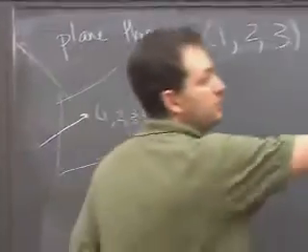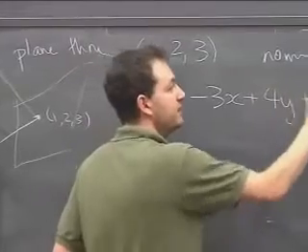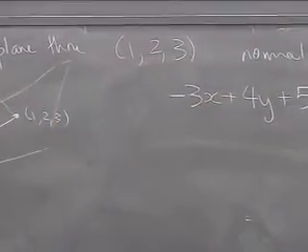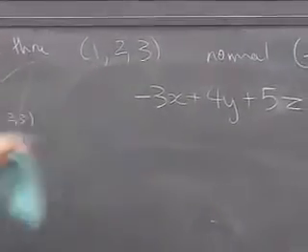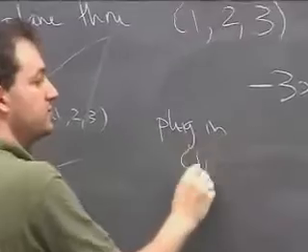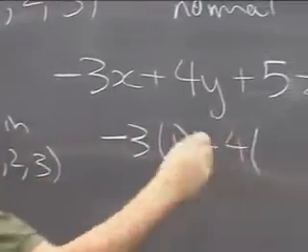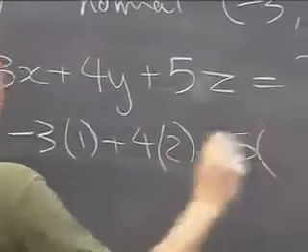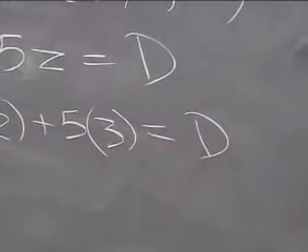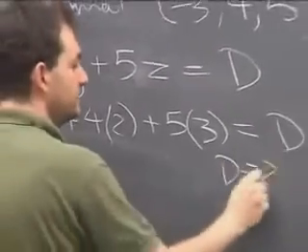Because we know the normal, the plane must be -3x plus 4y plus 5z equals something. And now we use this data to find out what D is. Plug in 1, 2, 3, and you get -3 times 1 plus 4 times 2 plus 5 times 3 equals D. So this is -3 plus 8 is 5 plus 15, so D is 20.